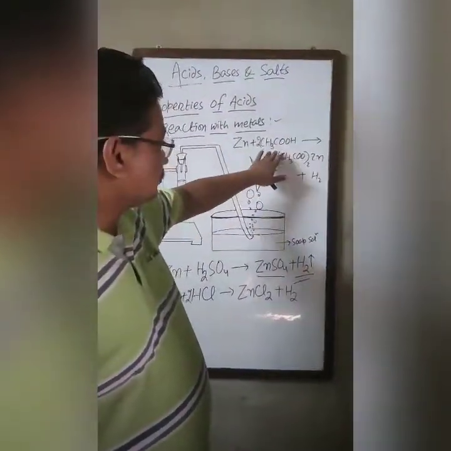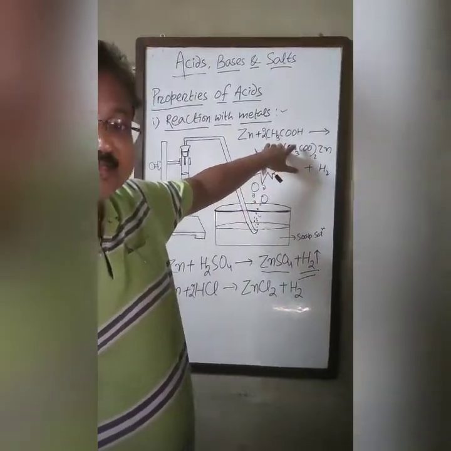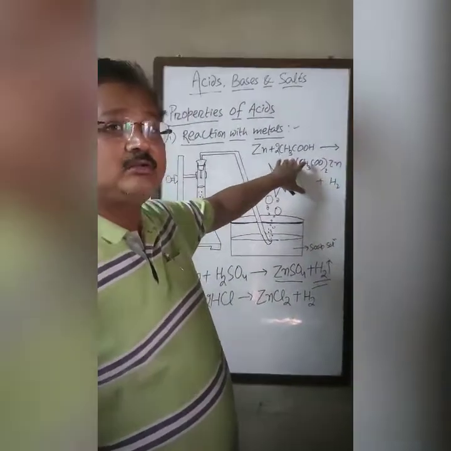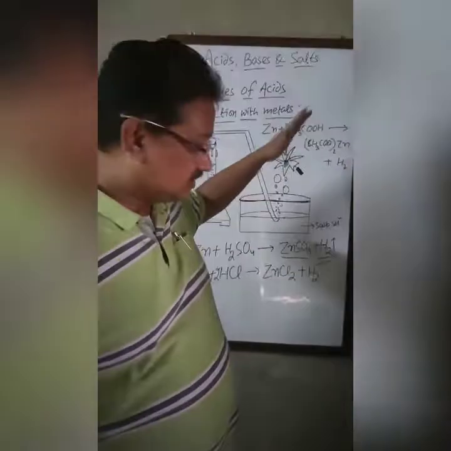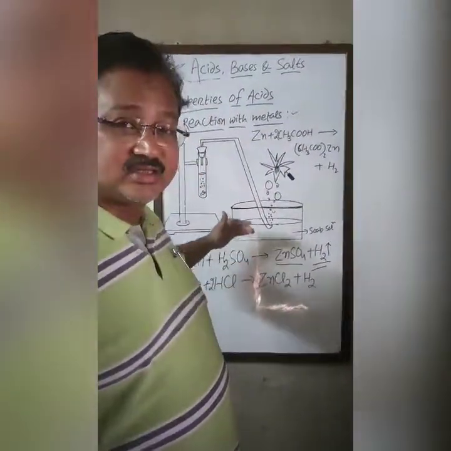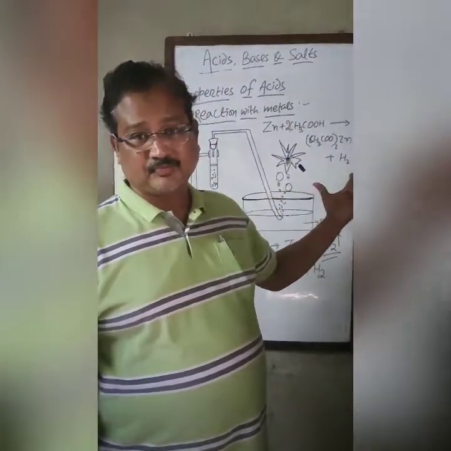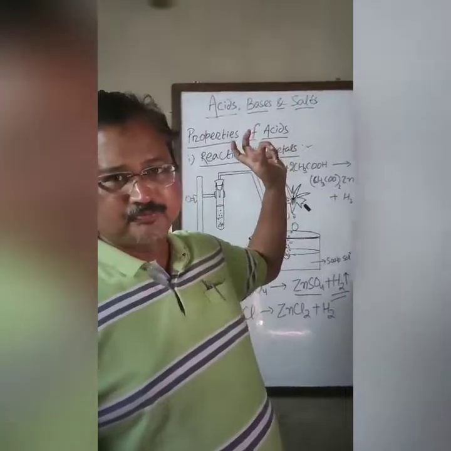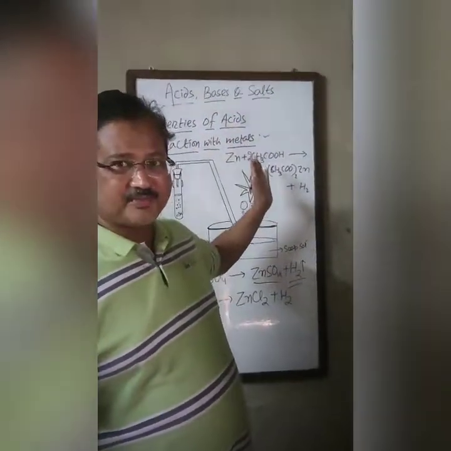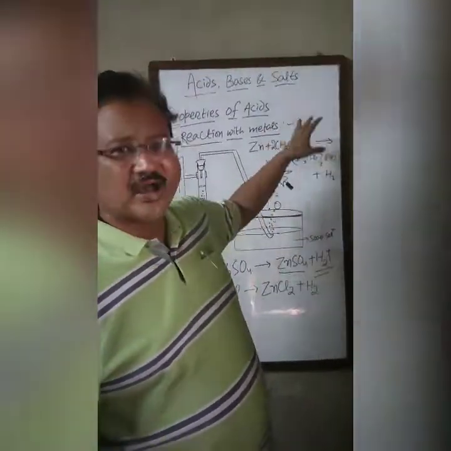Because, as you know, acetic acid is an organic acid and it is a weak acid. That is, the degree of ionization of acetic acid is lower than that of hydrochloric acid or sulfuric acid. That means the dissociation, or ionization, of this acid will be less. Some molecules remain in the molecular state, some are ionizing.